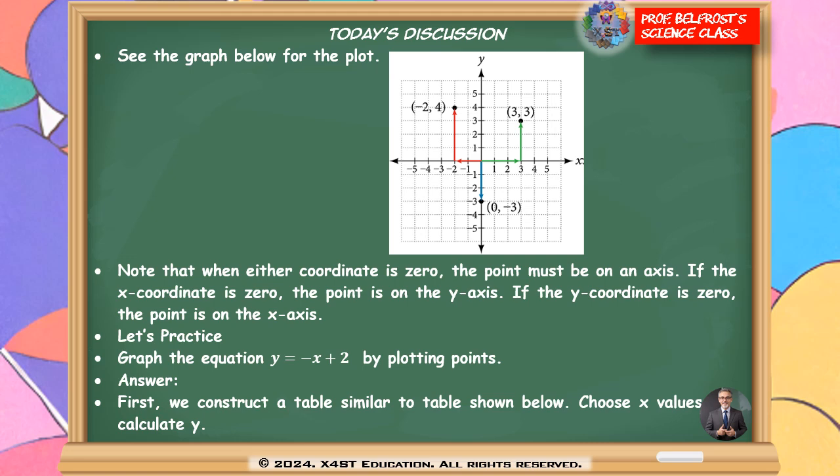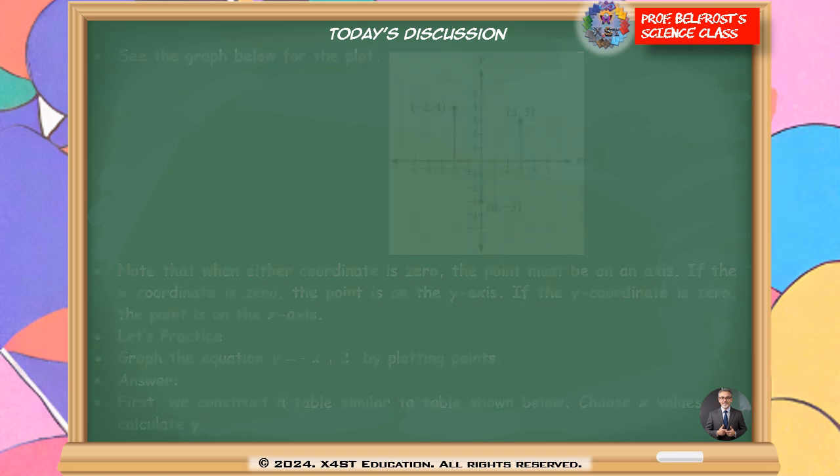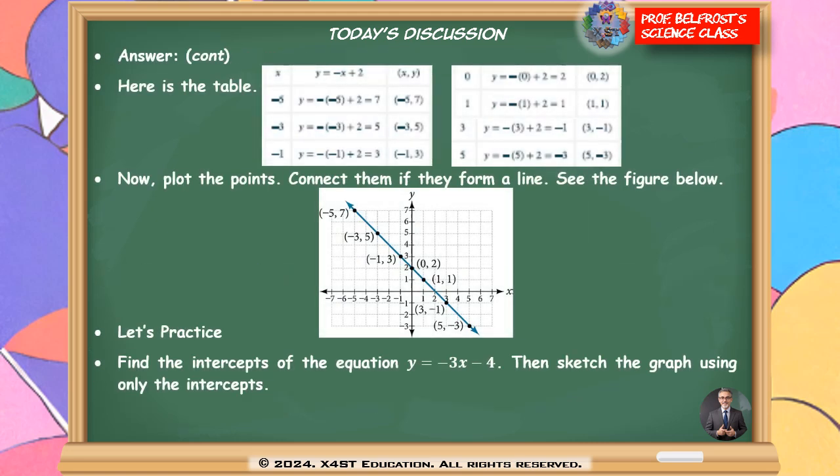Okay, the second example. Graph the equation y equals x plus 2 by plotting points. What we need to do first is construct a table. Constructing a table is a must. We can choose any value of x that will make it easy to make the plot. Here I choose minus 5, minus 3, minus 1, 0, 1, 5, 3.